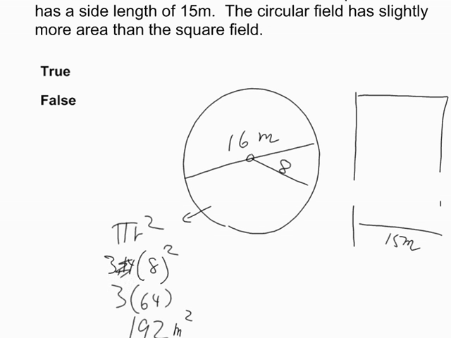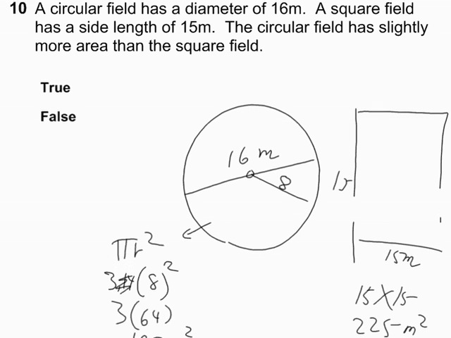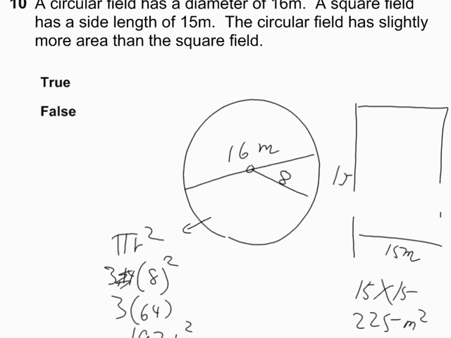Now the other one over here is 15 multiplied by the width of the square, which is 15. 15 times 15 is 225 square meters. Does the circle have more area? No. The square has more area, therefore the answer is false.